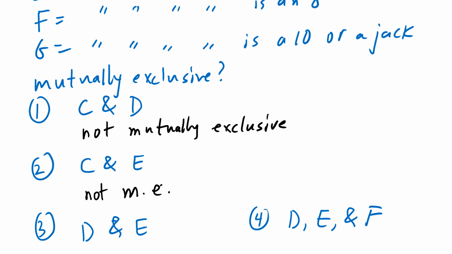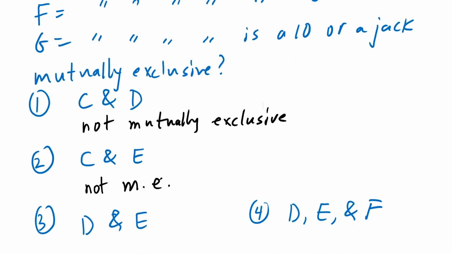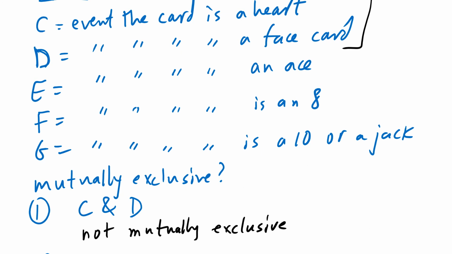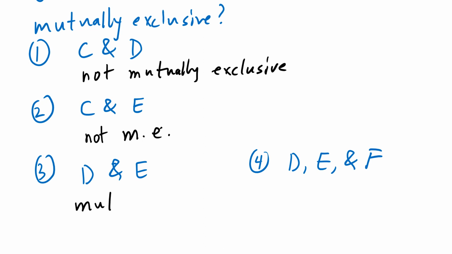So can a card be D and E? D is a face card and E an ace. Can a face card be an ace? No, a face card is not an ace. So they are mutually exclusive. Remember, the ace is not a face card.